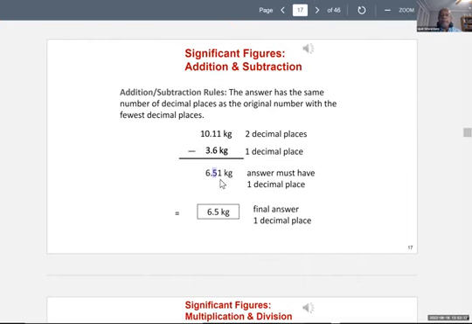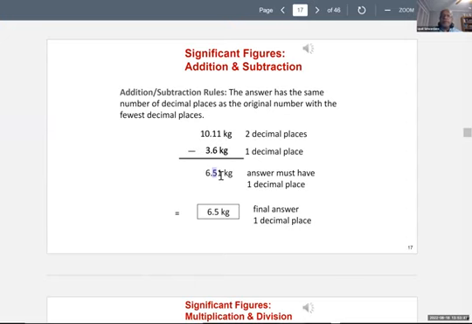If the number to be dropped is 1, it's less than 5. If the number to be dropped is less than 5, you just drop it. So the number becomes 6.5.